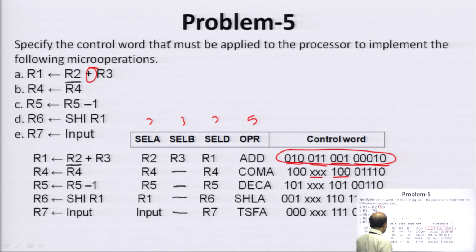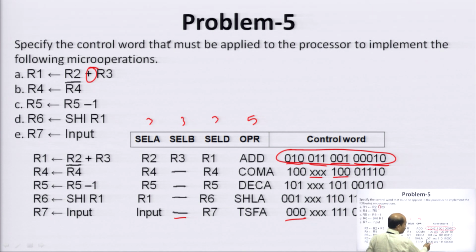Let us talk about the last operation. We have to transfer the input value to R7. This is a simple transfer operation. Since no second operand is given, it is blank. The first operand is input, and we do not have particular bits for input selection, so we consider 000. If we consider 000 in a particular selection, it simply states that this is the input, the direct input taken from the memory.